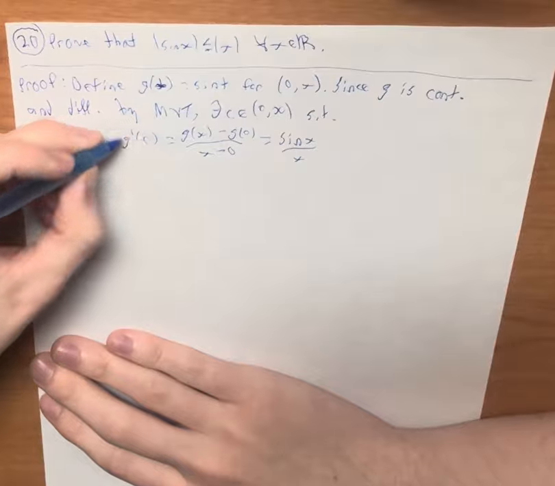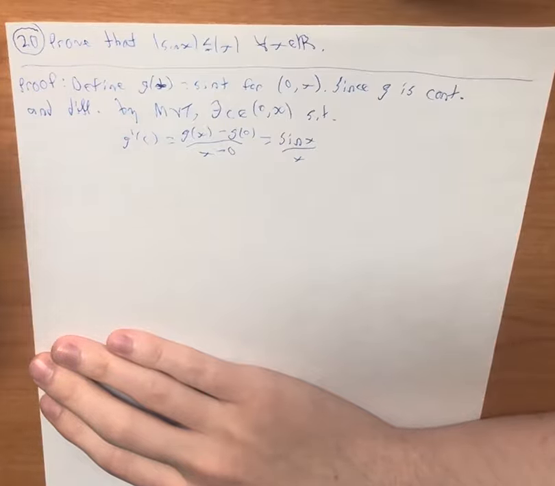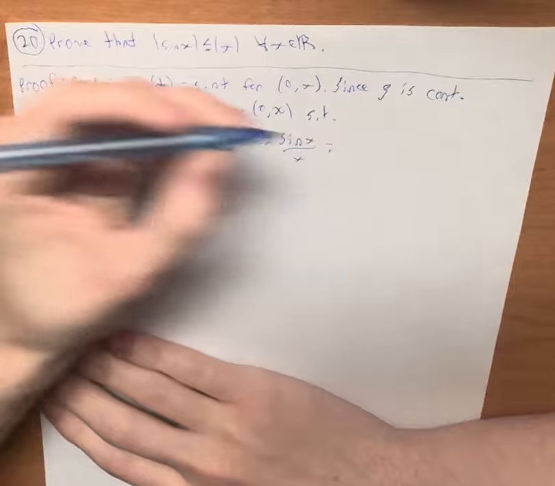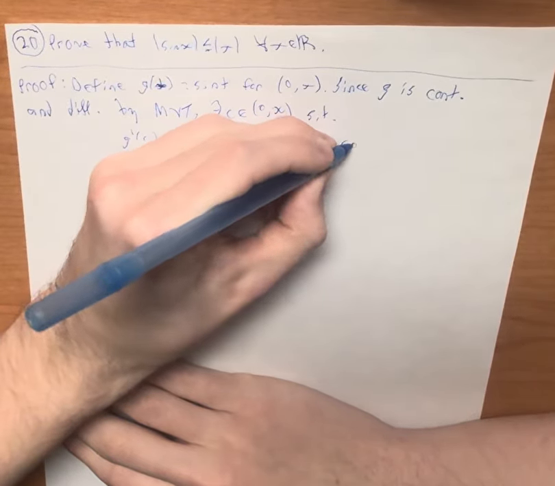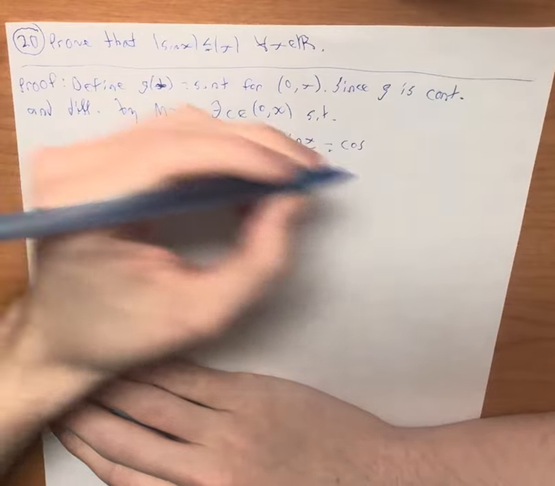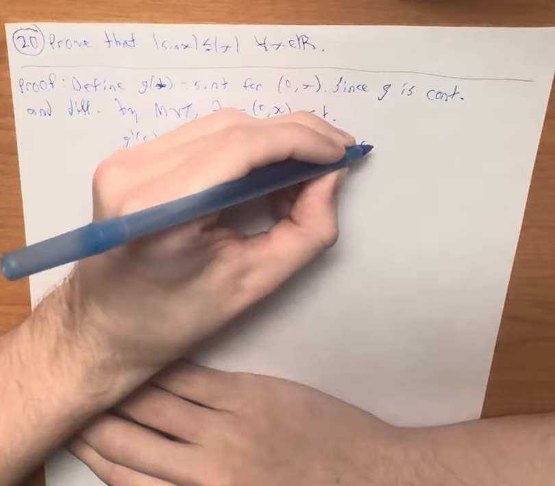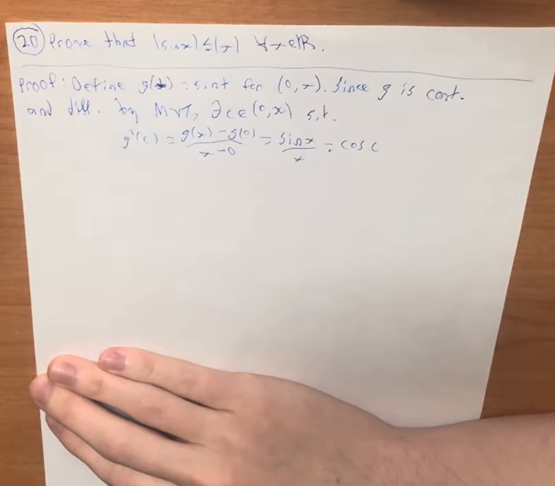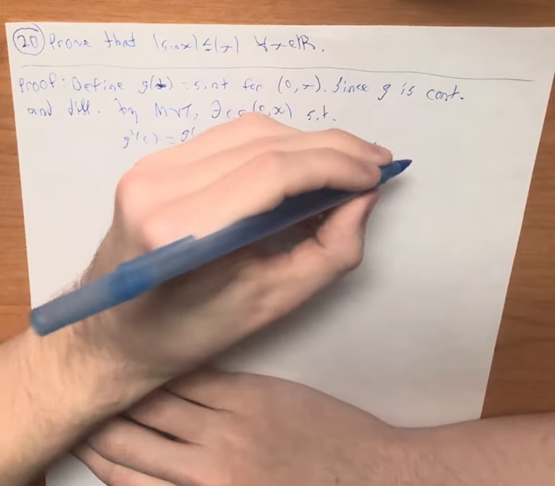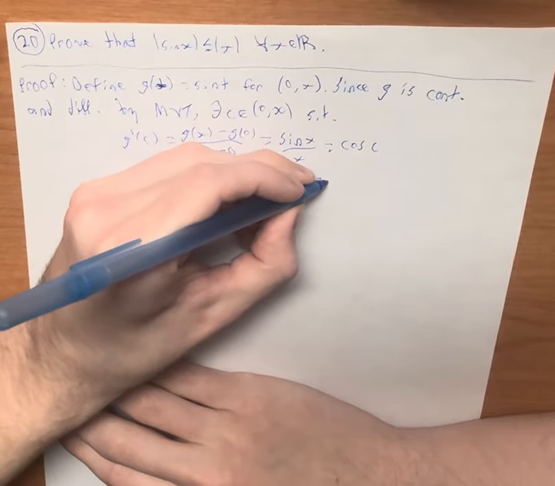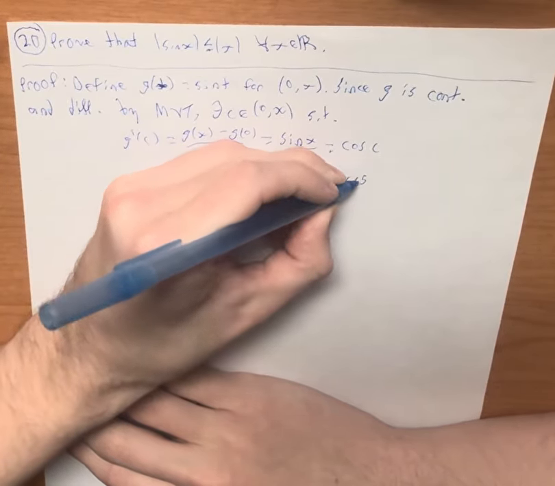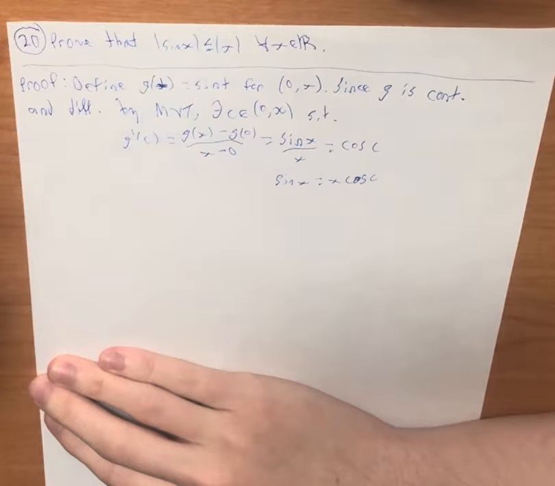And we know that the derivative of g at c is equal to, let's see, cos c. And I'm going to multiply x over to get sine x equals x times cos c.